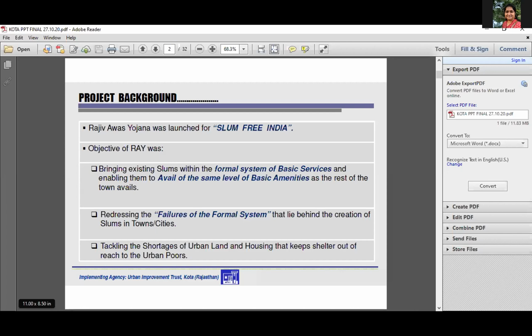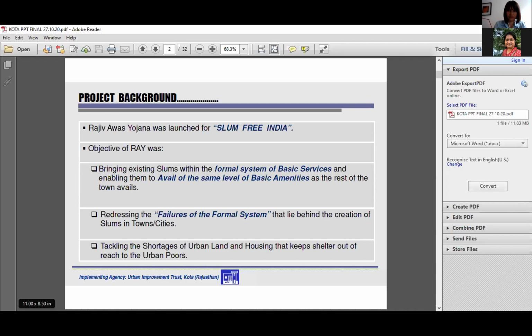So the purpose is to upgrade these slums to the level of basic amenities of the rest of the town. The second objective was redressing the failure of the formal system that lies behind the creation of slums in towns and cities, and tackling the shortage of urban land and housing that keeps shelter out of reach of the urban poor.